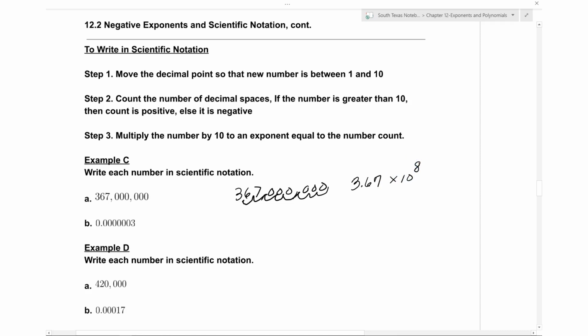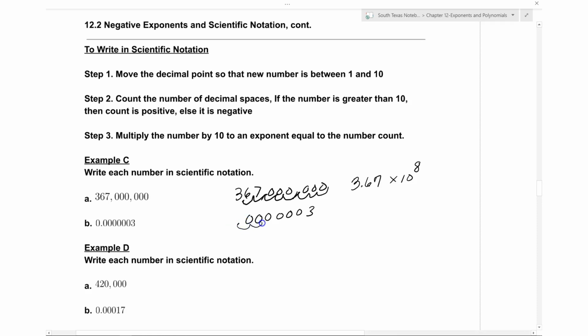Since we're moving to the left, the exponent will be positive, 8. If we move to the right, like we're going to do for the next number, we have 0.0000003. We have 6 zeros, so we're going to move to the right.